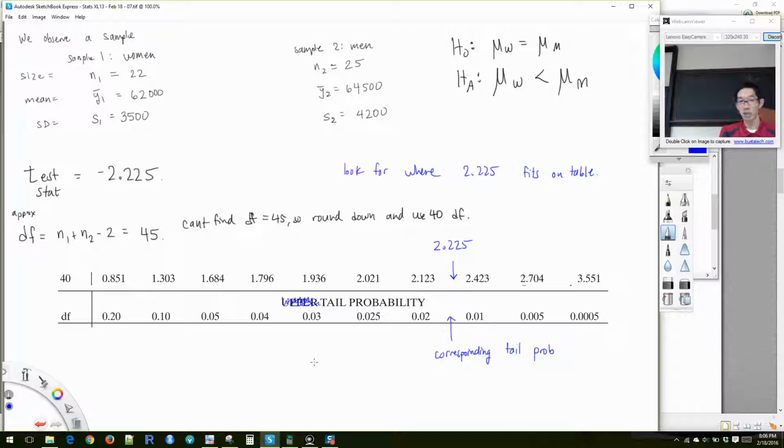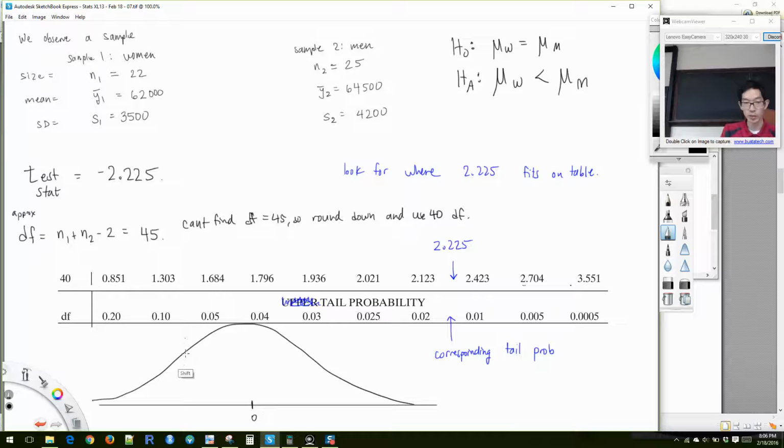If I had to illustrate this, the t-distribution looks very much like the normal distribution, and 0 goes in the middle. If I drew a line at negative 2.123, then the area over here would be 0.02.